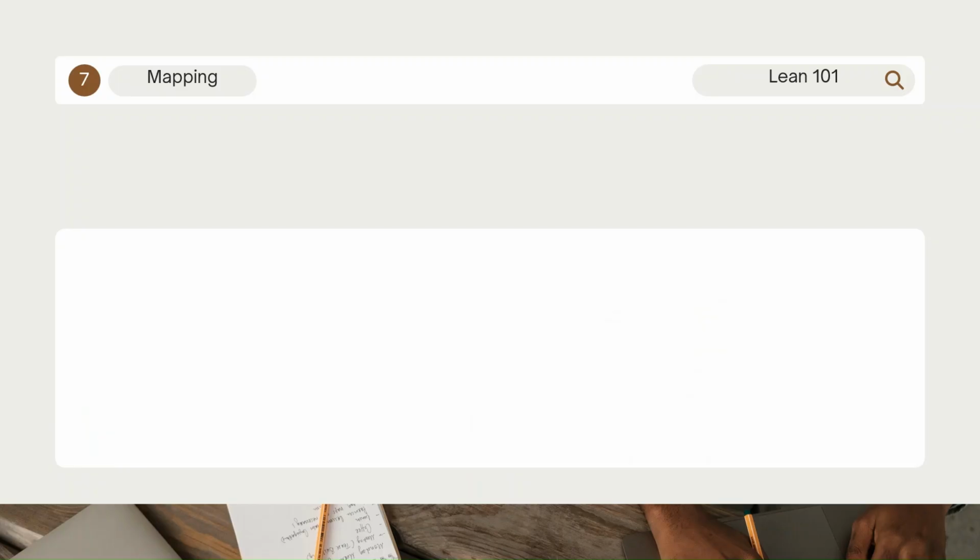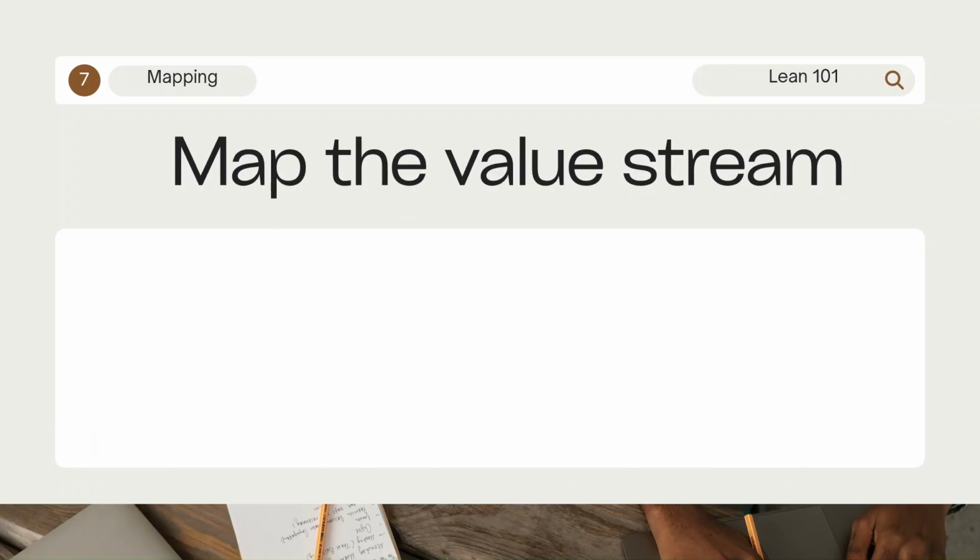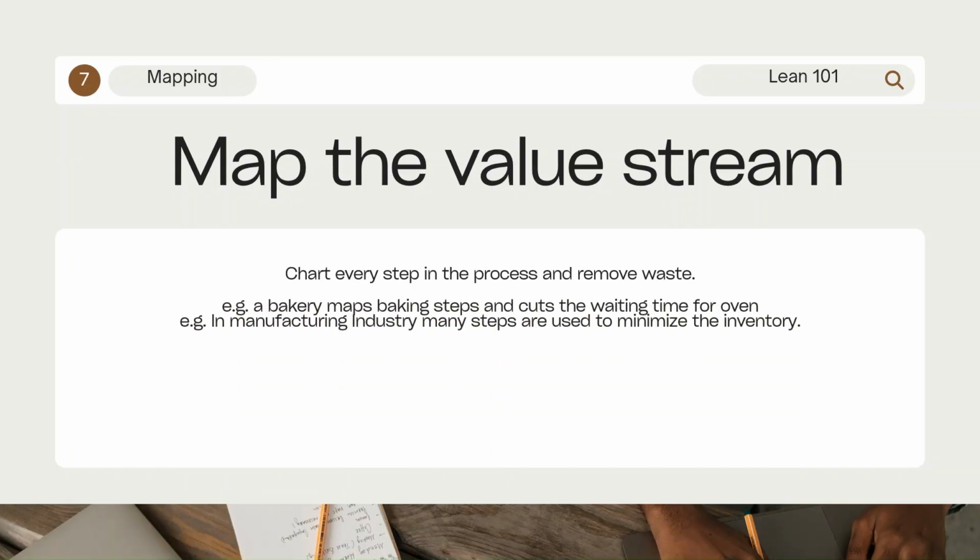Now let us understand mapping, or map the value stream. Chart every step in the process and remove waste. For example, a bakery maps baking steps and cuts the waiting time for the oven. Another example could be, in the manufacturing industry, many steps are used to minimize the inventory.